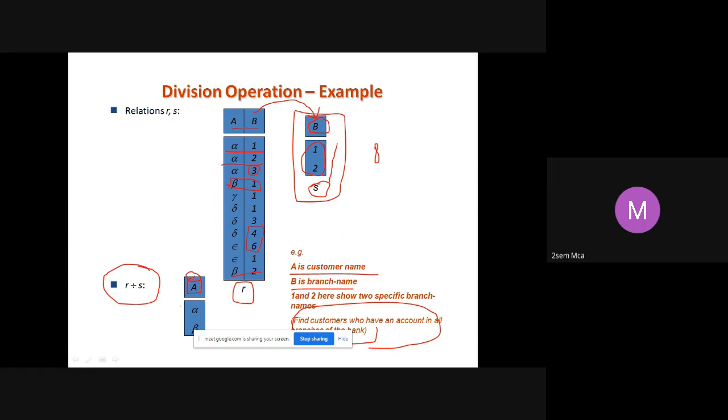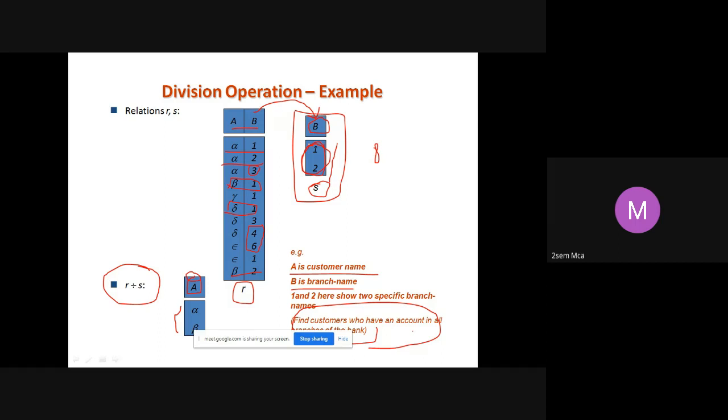So your result will contain alpha and beta. Is there anybody else? Delta is there for 1 but is not there for 2. Are you observing? Delta 1, delta 3, delta 4 is there. That's all. Gamma is there for 1 but there is no gamma 2. So you cannot take it here. It should be there for both, all. That's why we said customers who have an account in all the branches of the bank. All the branches means which branch? These 2 branches, because we have taken 1 and 2 as the branches here, subset.